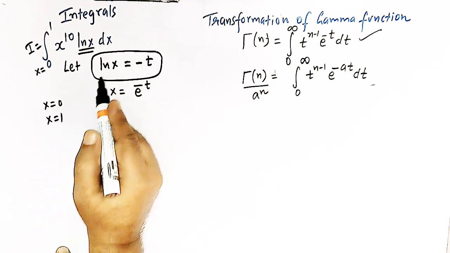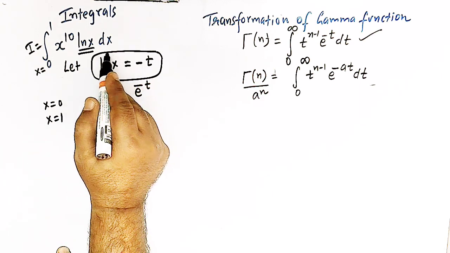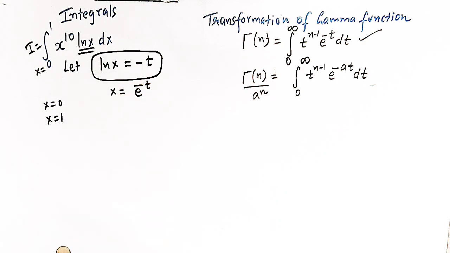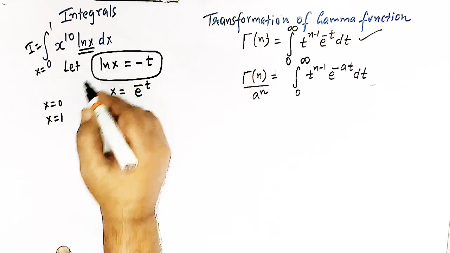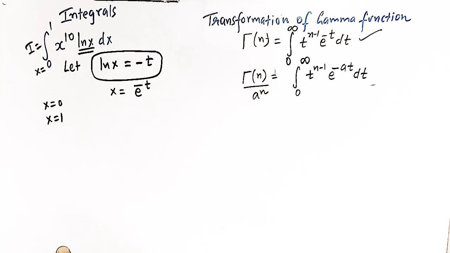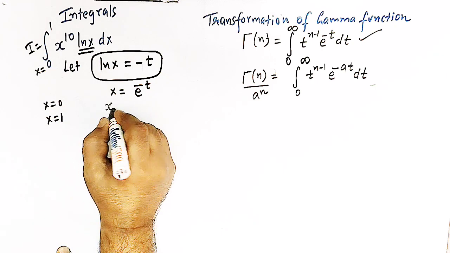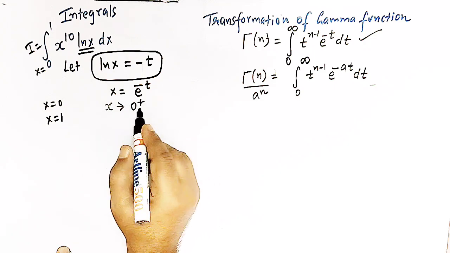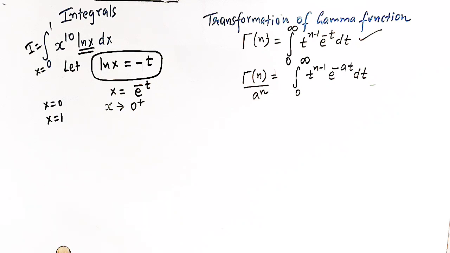When we take x equal to 0 in this expression, logarithm of x is not defined, because the domain of the log function is the set of positive real numbers excluding 0. So we take the limit when x tends to 0 positive, which implies that we are approaching x equal to 0 from the right.